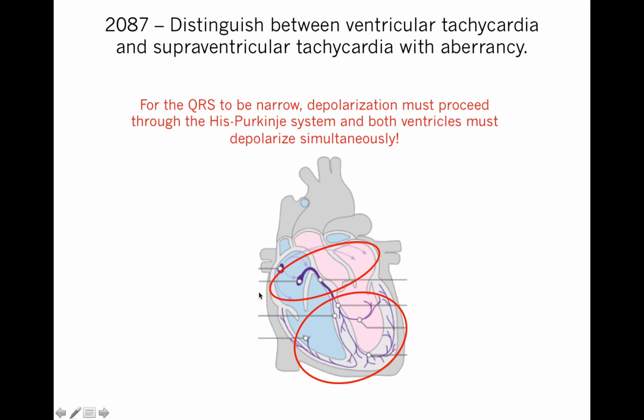But rhythms originating from the atriums can also cause wide complex tachycardias. How is that? Remember how we said that for the QRS to be narrow, depolarization has to proceed through the His-Purkinje system and both ventricles must depolarize simultaneously. So if there's a diseased His-Purkinje system and the QRS is wide at baseline, then any atrial arrhythmia will lead to a wide QRS tachycardia.